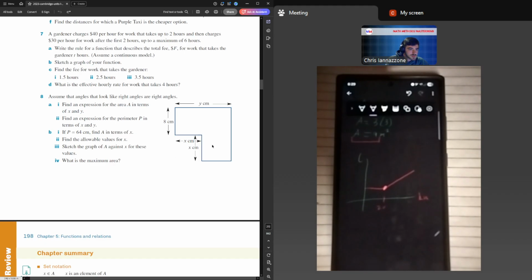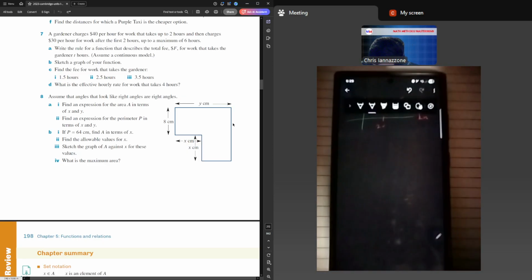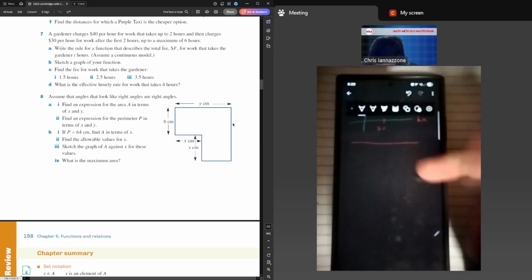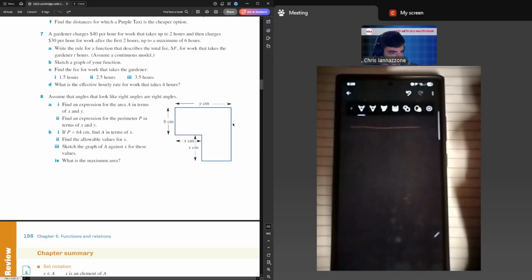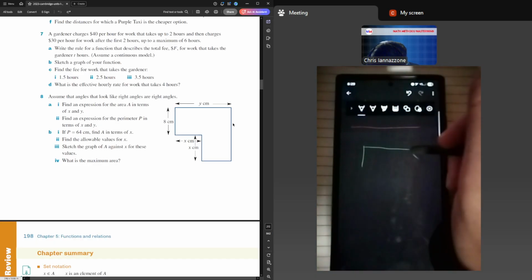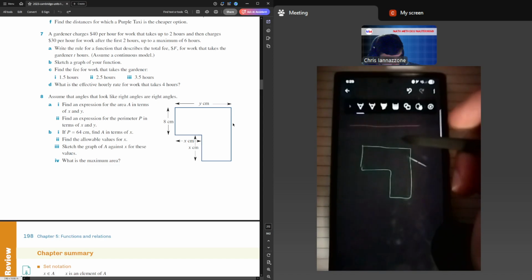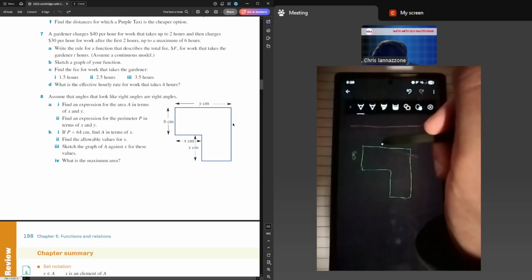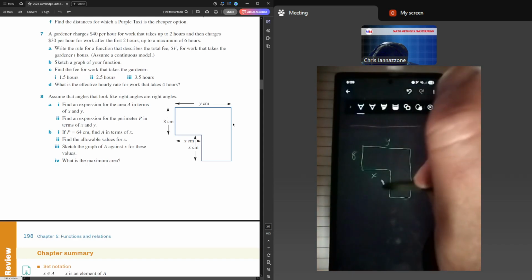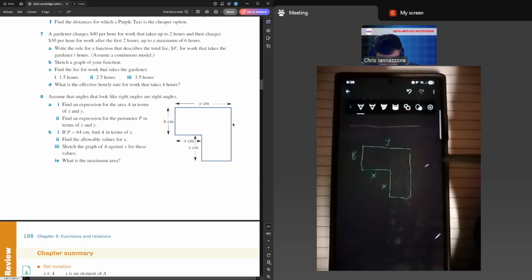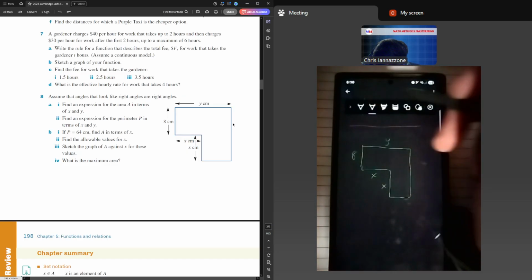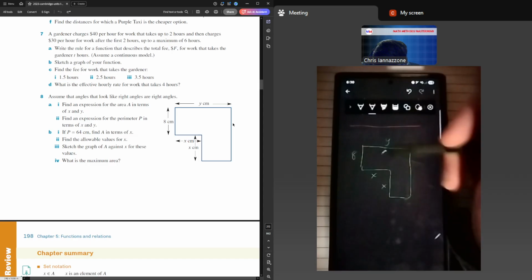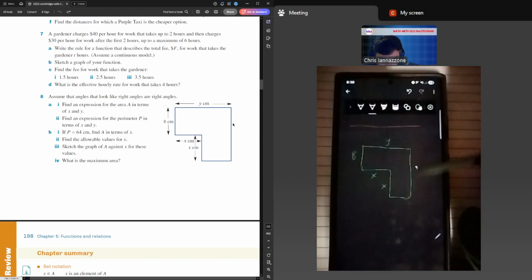So this is where you have to do a bit of logic to fill out the shape. What I'll do is I'll quickly fill out that shape now, and then we can end that lesson there. Okay, so we have the shape like this. This one was 8, this one was y, this one was x, this one was also x, and these two are left blank. Now, using a bit of logic, you basically have to use the things you already know to fill out the things you don't know.